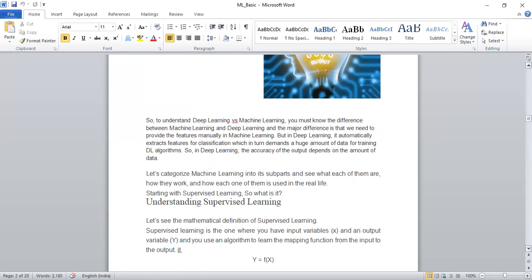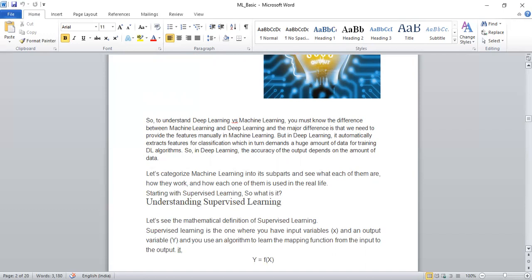But in deep learning, it automatically extracts features for classification, so it requires a huge amount of data for training. In deep learning, the accuracy of the output depends on the amount of data. The more training data the set has, the better the result you will get.